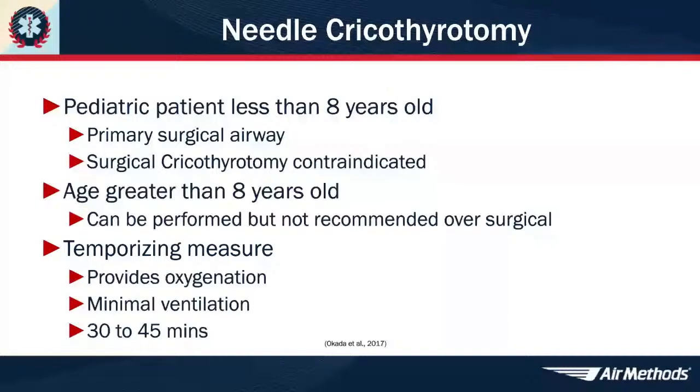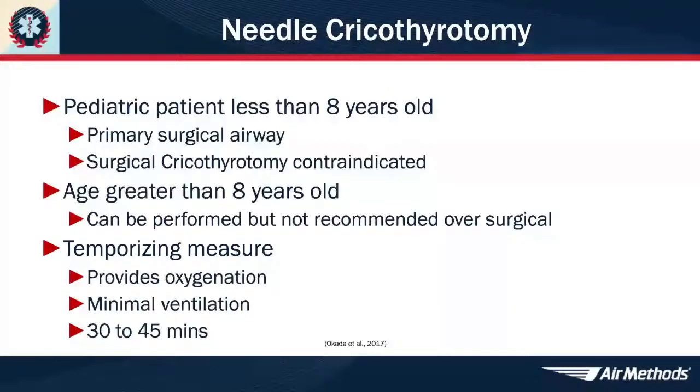You can do it on kids or adults as well, but it just doesn't work as well as a surgical airway. If you've never tried to squeeze air through, say, a 14 gauge catheter, hook one of those up to a BVM sometime and try to squeeze air through it. That's what you're going to be dealing with.